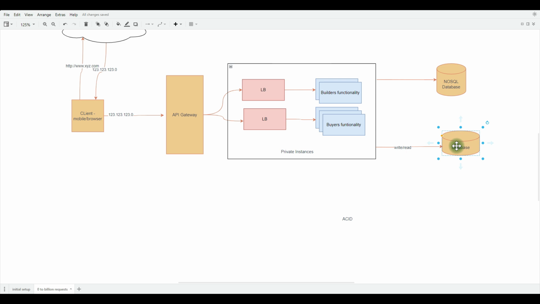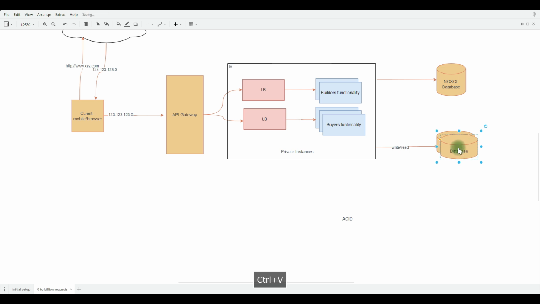Here we are talking about the huge amount of load that is coming in, and if I talk about the ratio of the write and read, the amount of data that is being created is very different from whatever is being read. Okay, so I can have one set of database that is taking care of the writing part only, and another set of database that is going to take care of the reading part only.